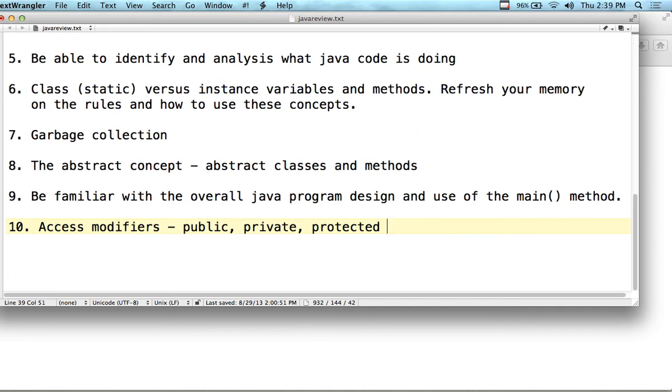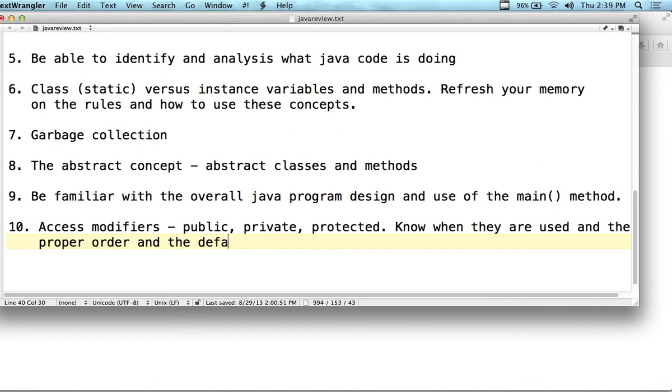So know the order. Know when they are used and the proper order and the defaults. What's the default for data in an interface?